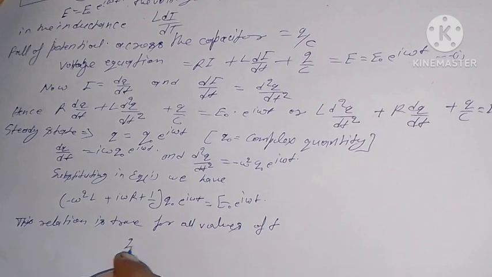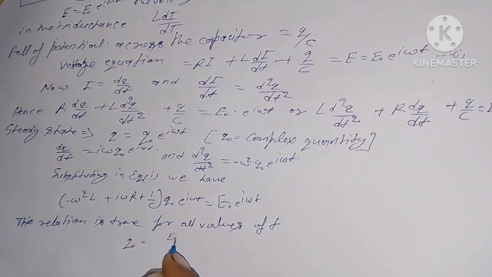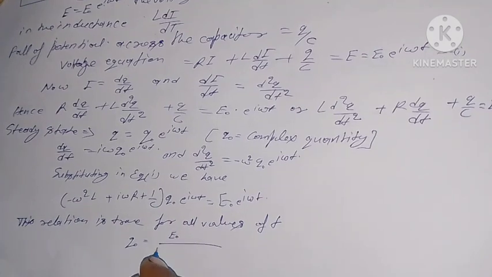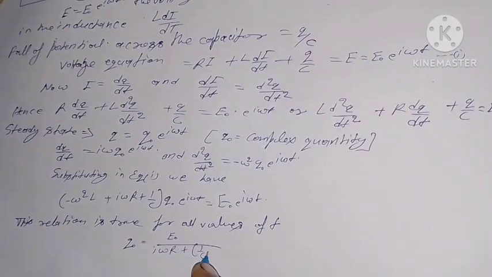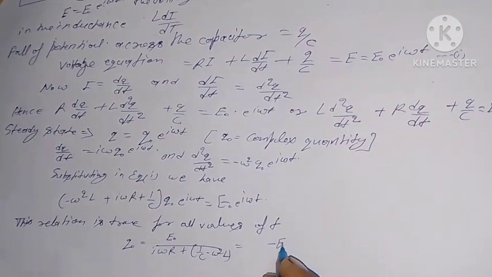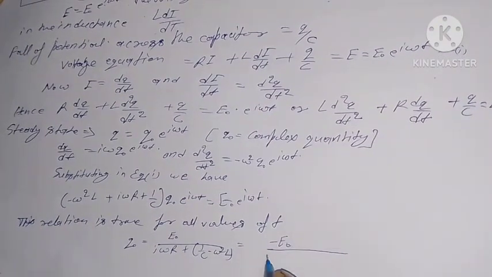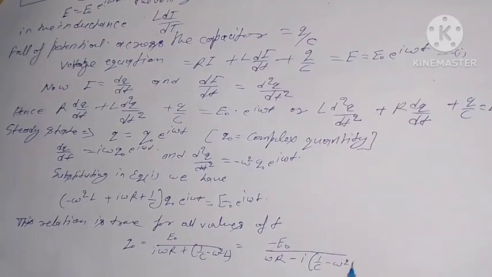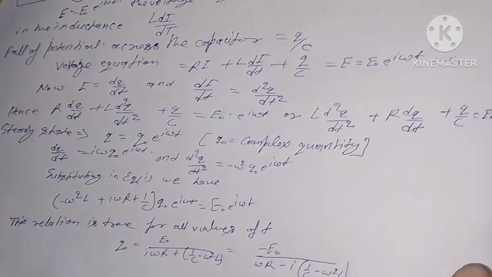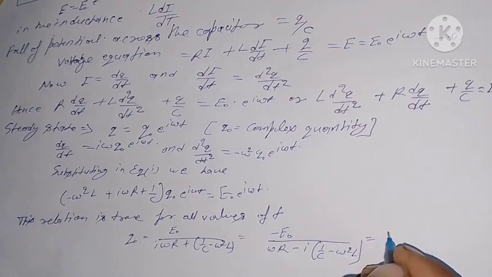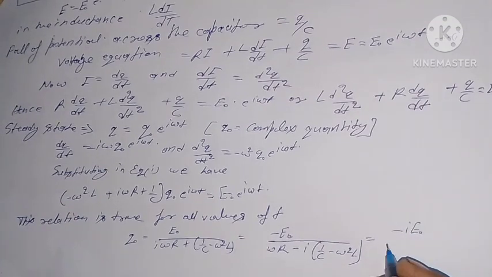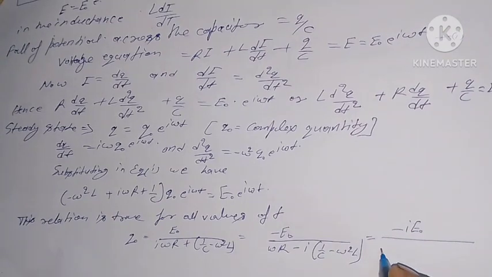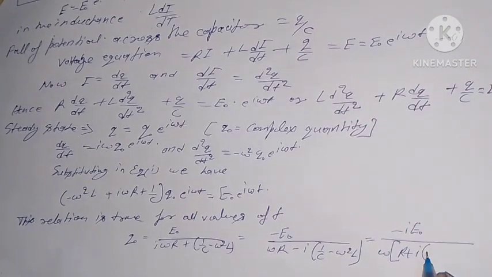Then q naught equals E naught upon i omega R plus 1 by C minus omega square L, which equals minus i E naught upon omega R plus i L omega minus 1 upon C omega.